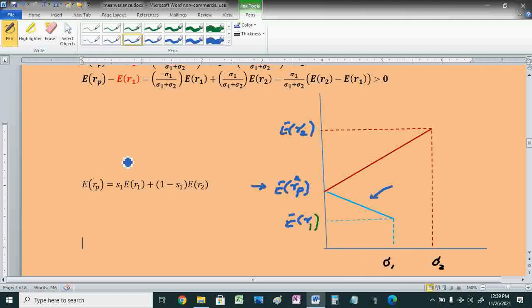And then if I am having S1 equal to sigma 2 divided by sigma 1 plus sigma 2, the minimum range for this particular root of S1, then I will be on this intercept.